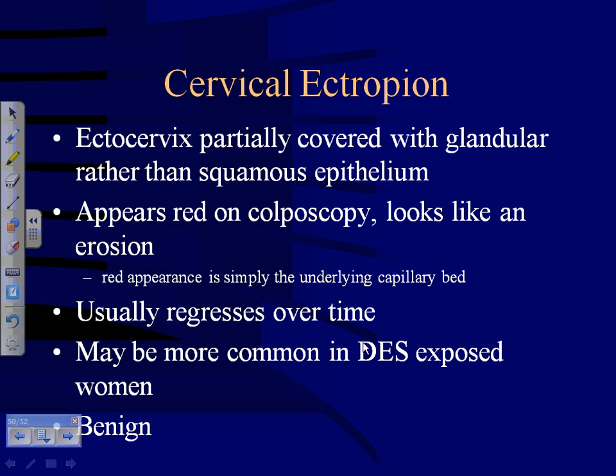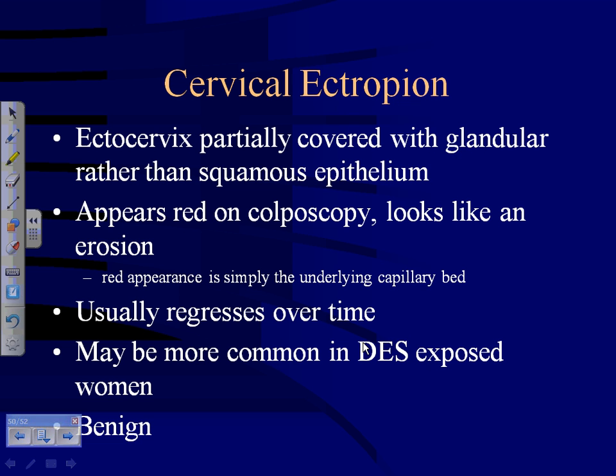Now, some other abnormalities that can occur in the cervix, some of these are more evident on colposcopic exam by the clinician. Normally the ectocervix is primarily covered by squamous epithelium, and that's what you're going to see primarily on the ectocervix.